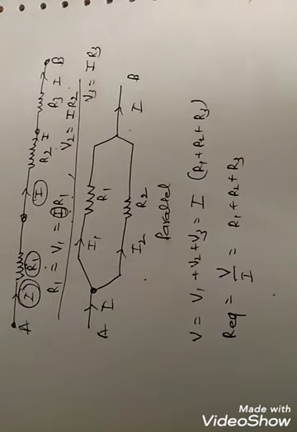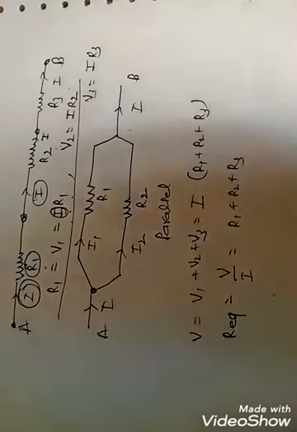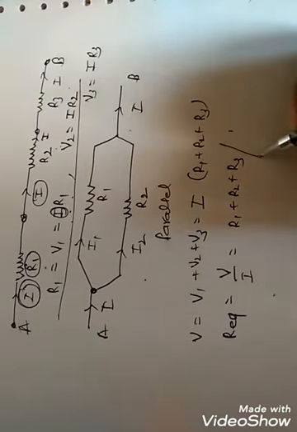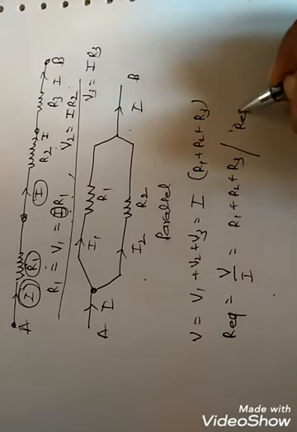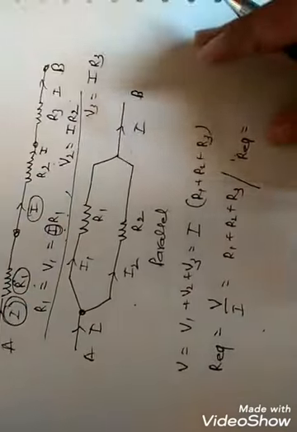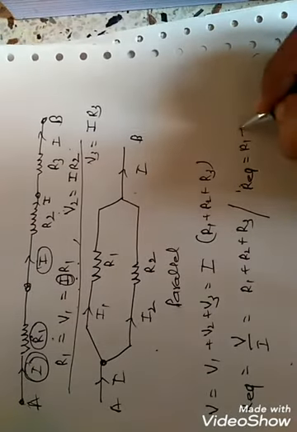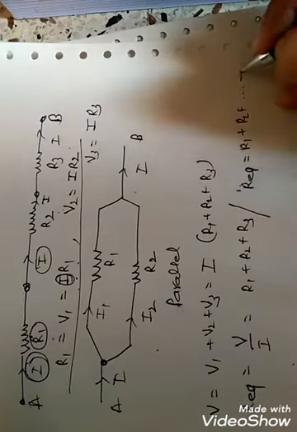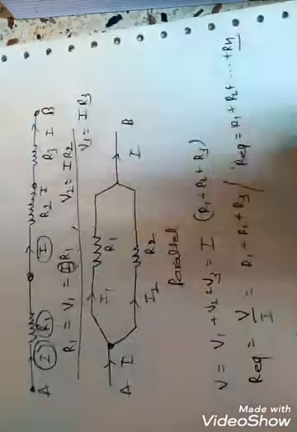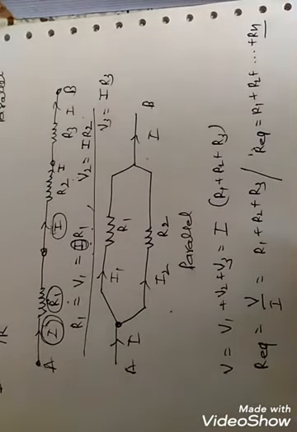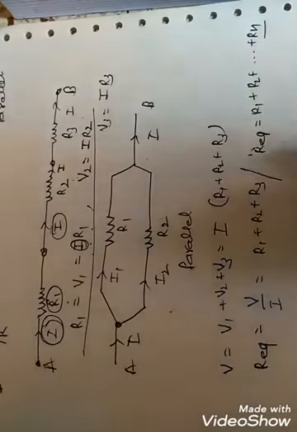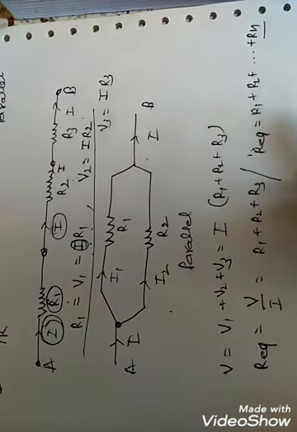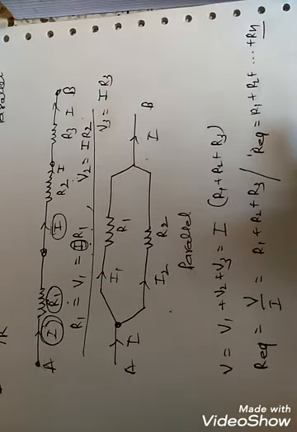Now suppose we have more than three resistors, n number of resistors. Then R equivalent is equal to R1 plus R2 plus up to Rn, for n resistors in series connection.